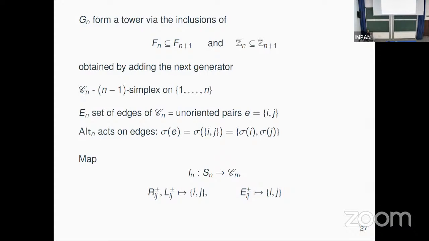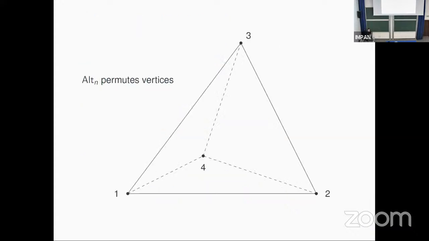Basically, I span a simplex on 1 through n, and the edges are given by pairs of points. To a given edge, I will assign all the generators that have those two indices. Okay, so here's a picture which will be much more informative.